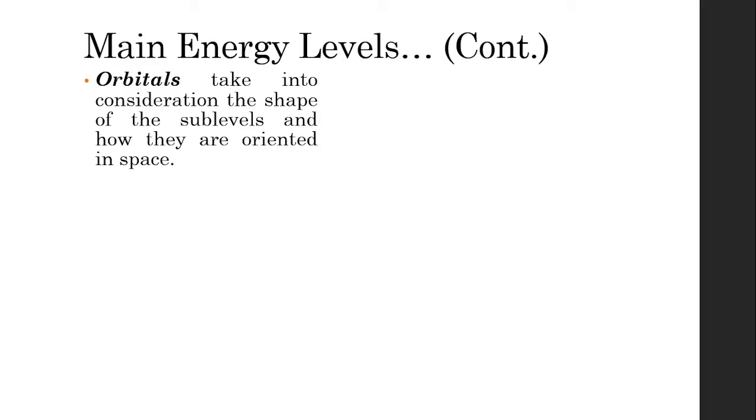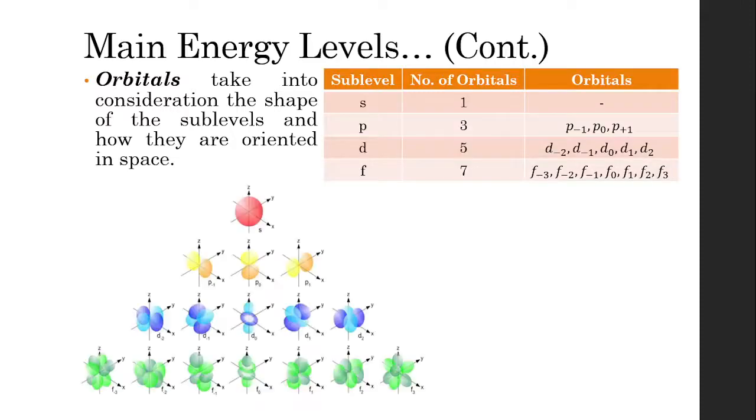Orbitals, on the other hand, take into consideration not only the shape of the sublevel, but also the orientation of that sublevel in space. What do we mean by that? For example, for our s sublevel, we only have one orbital, because the shape of the sublevel is a sphere.